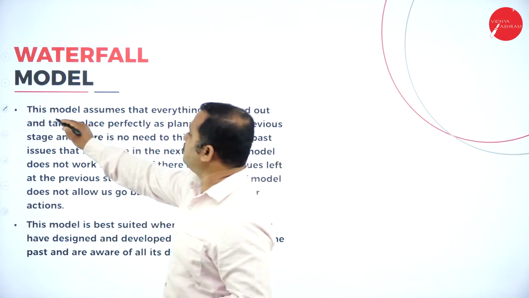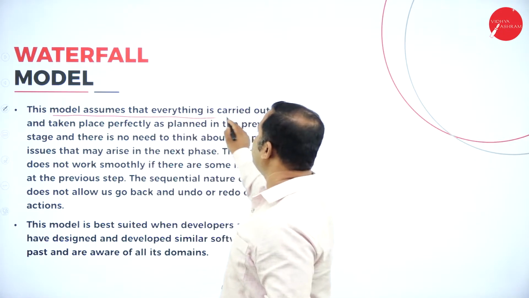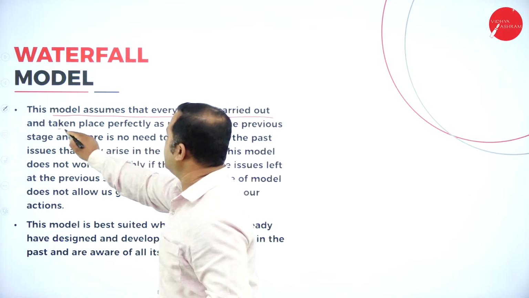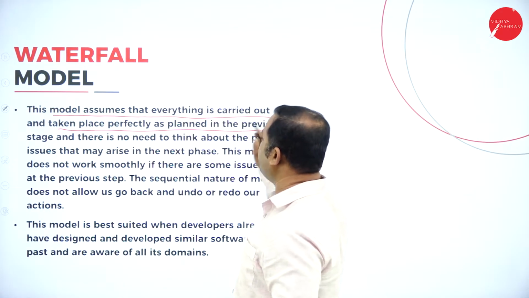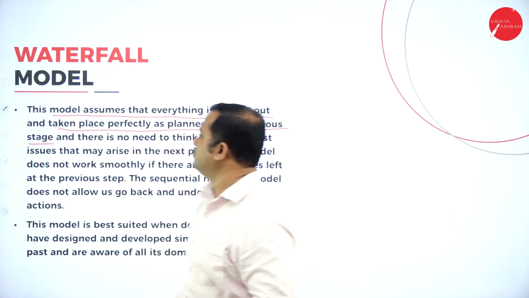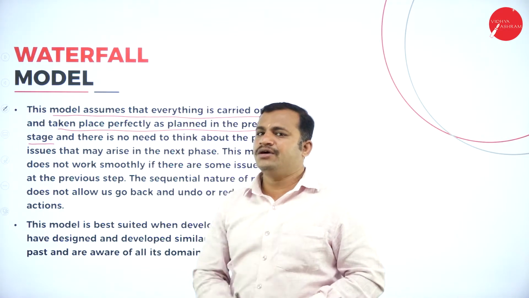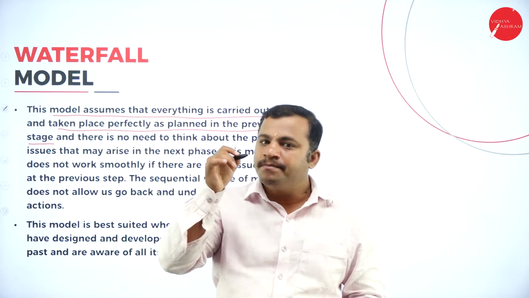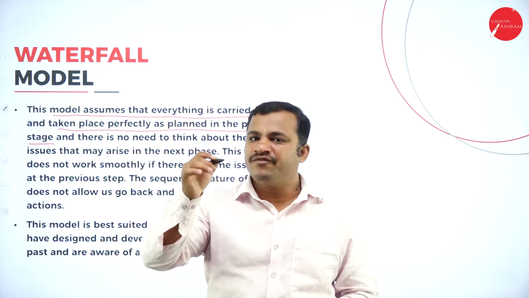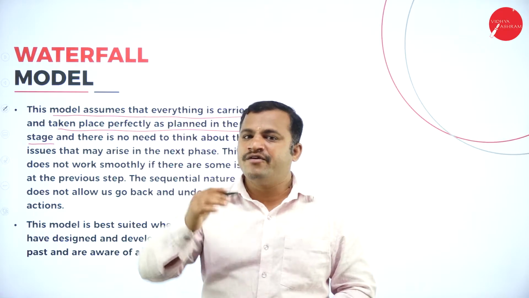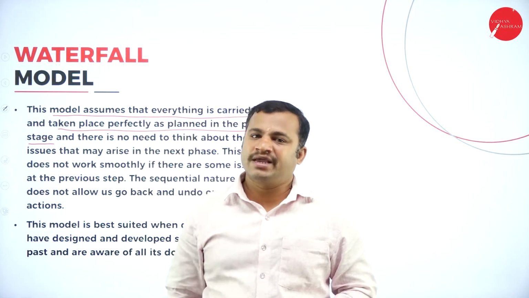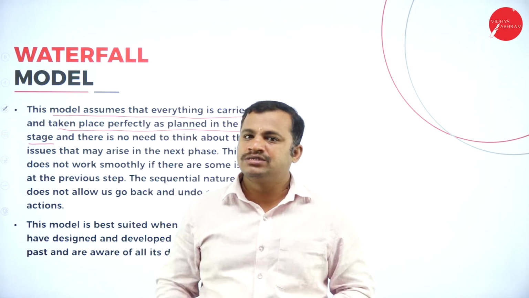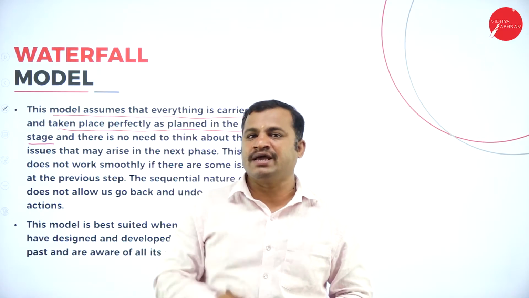Next, this model assumes that everything is carried out and takes place perfectly as planned in the previous stage. What is the meaning of that? As I have already told you, once the process of the first phase is completed, we move on to the second phase, that is system analysis and design.